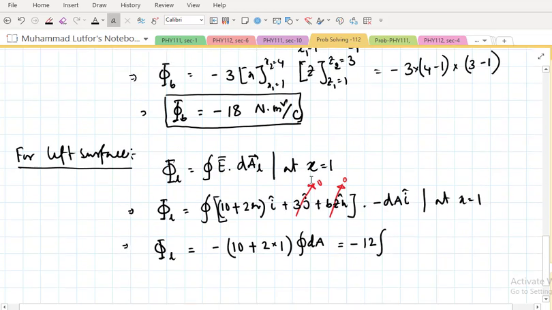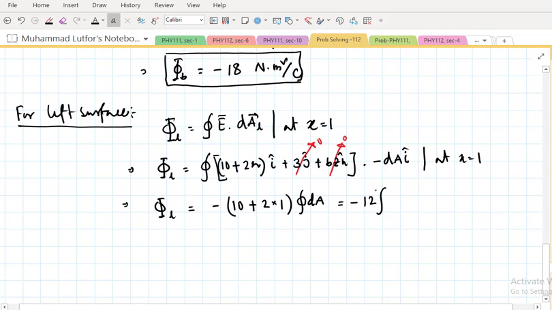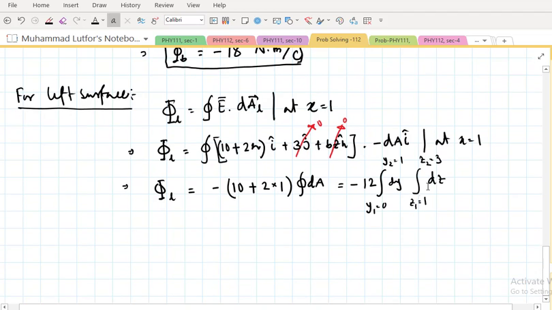So I'll write dy, in that case y1 equal 0 to y2 equal 1, and dz, which is z equal 1 to z2 equal to 3, right?